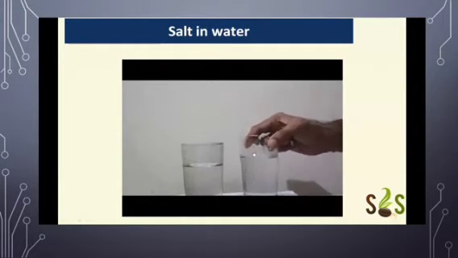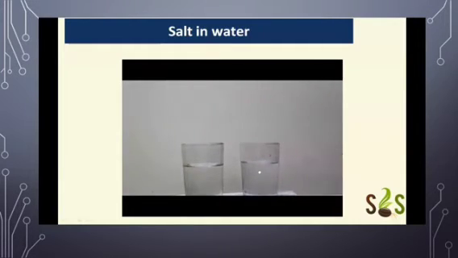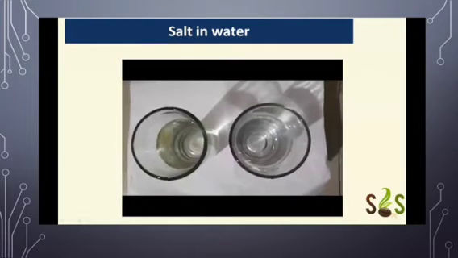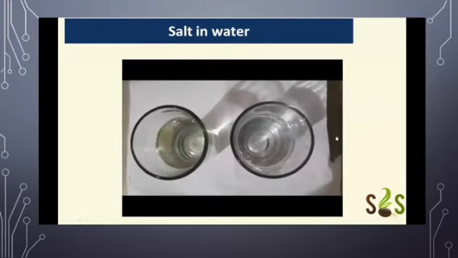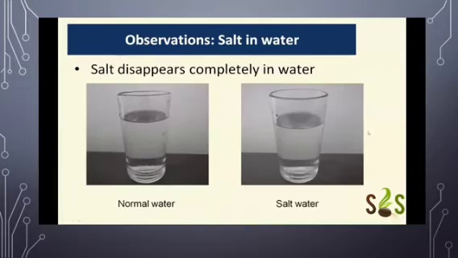Salt has dissolved in water. We can't see the salt anymore in water. You can see here. Okay, so this is the observation for salt in water. This is the normal water and this is salt water. We can see that salt disappears completely in water, or salt dissolves in water, and we can't see the salt anymore.